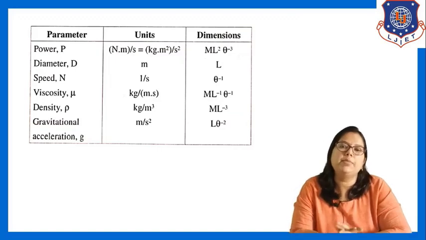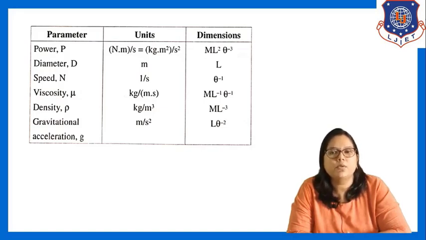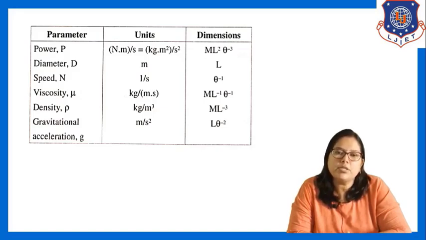These are the dimensions. Power dimension is M1 L2 theta minus 3. Diameter dimension is L1. Speed dimension is theta minus 1. Viscosity dimension is M1 L minus 1 theta minus 1. Density dimension is M1 L minus 3 and gravitational acceleration dimension is L1 theta minus 2.